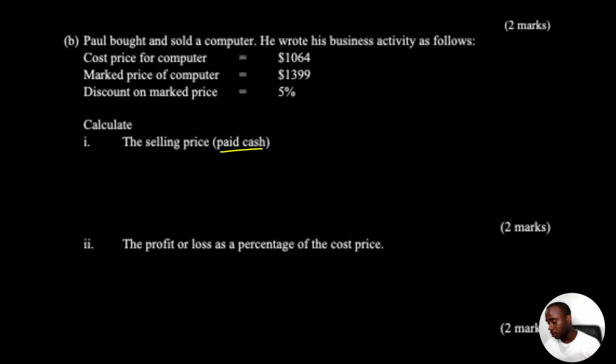Who can tell me in the comments? So you have the computer price and you take off 5%. So how much are you actually going to pay for it? See if you guys are thinking.